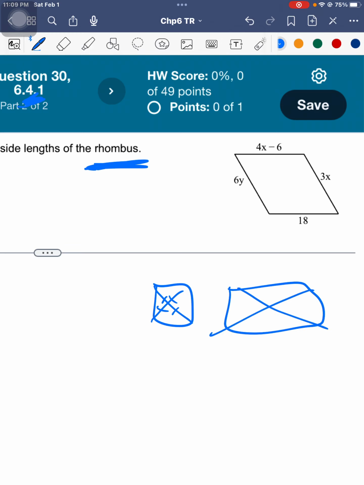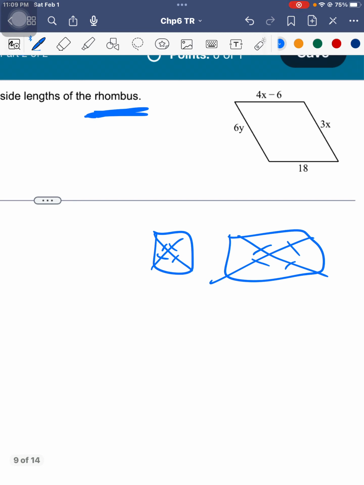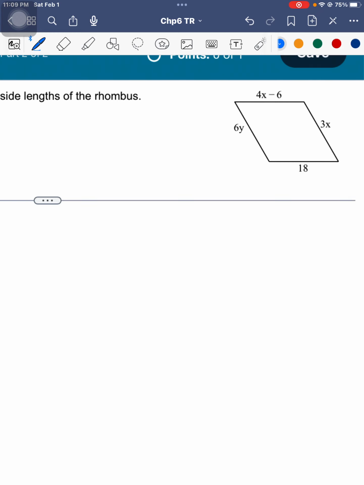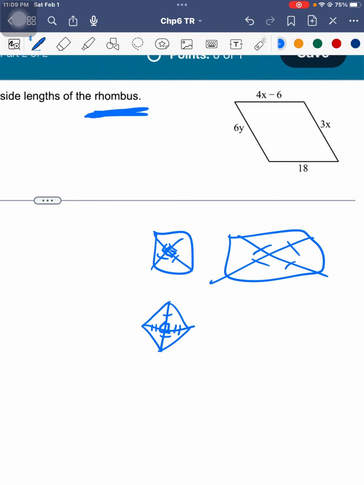A square and a rectangle. The diagonals intersect at 90 degrees inside of a square and a rhombus. The diagonals bisect the opposite angles in a square and a rhombus.